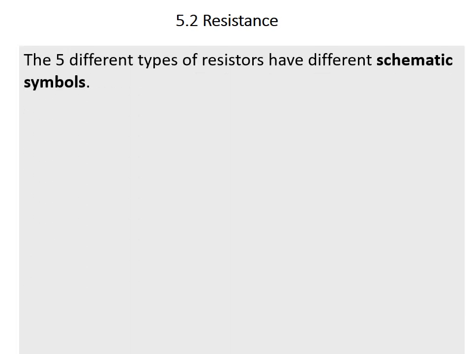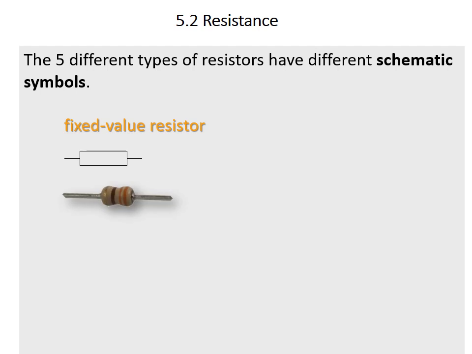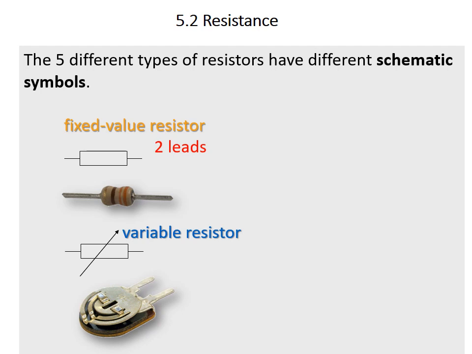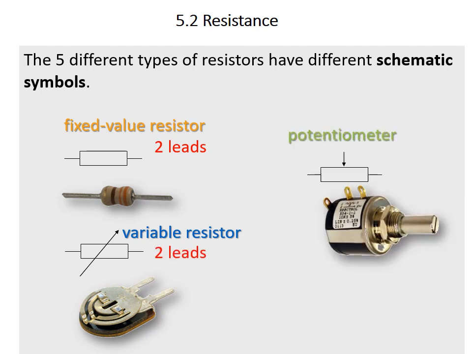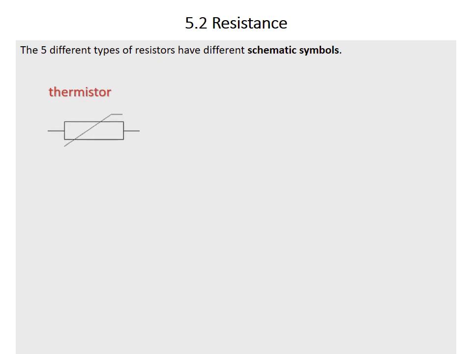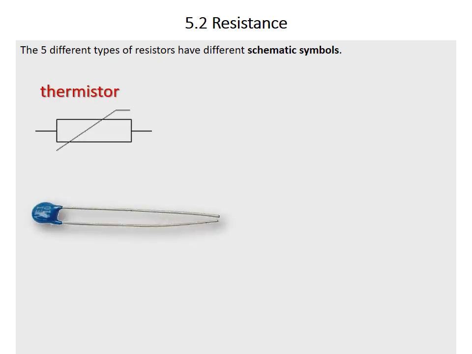So in the front of your data booklet, you'll see various schematics. We have a fixed resistor, which has 2 leads, the schematic for the variable resistor, which has 2 leads and an arrow. The potentiometer looks like this with 3 leads. Thermistors have 2 leads and this symbol in the middle.